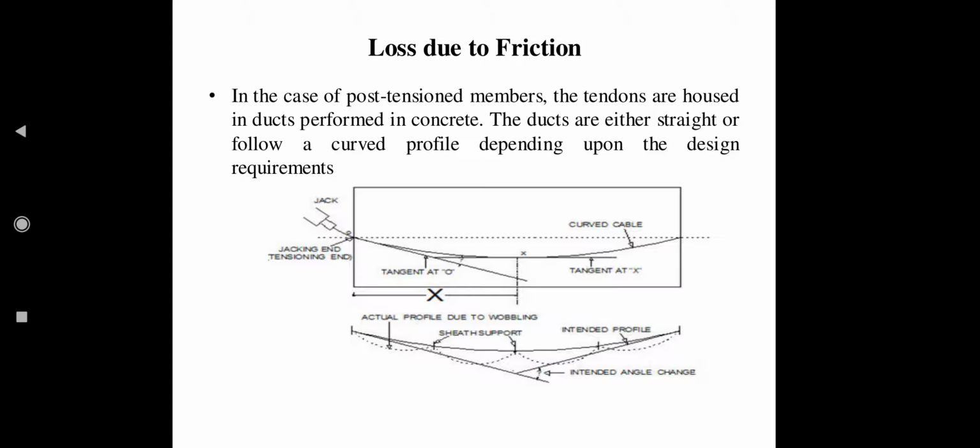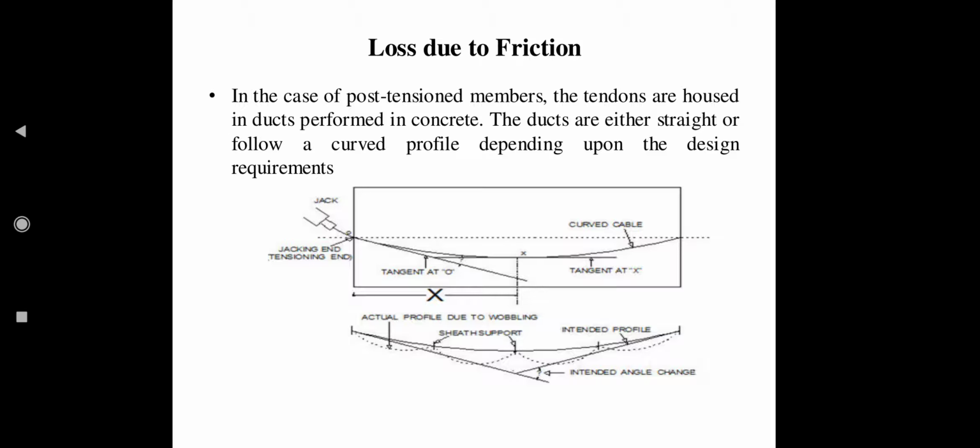For example, consider a rectangular beam. In a rectangular beam, let us consider a duct is provided for the passage of a cable. Let us consider that the duct provided is curved. So this is the duct provided.